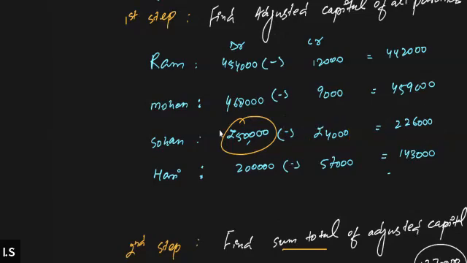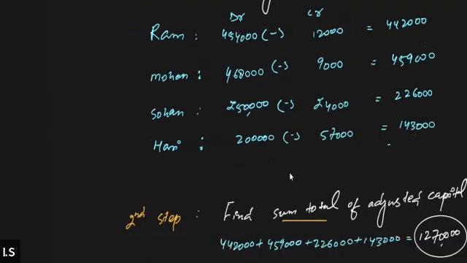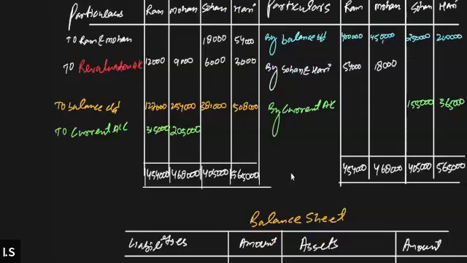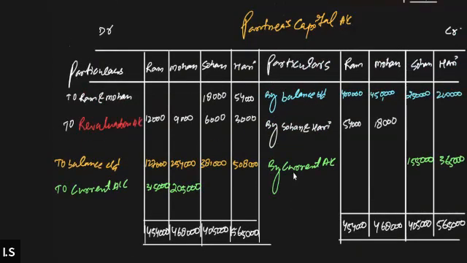And similarly we will find out the adjusted capital for Hari. In case of Hari also we will total the debit side, and we will total the credit side. The sum total of the credit side will be 2 lakh only, since this value won't be there. Out of 2 lakh we need to subtract only 54,000 and 3,000.